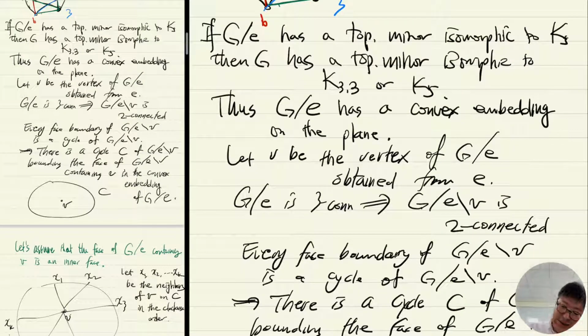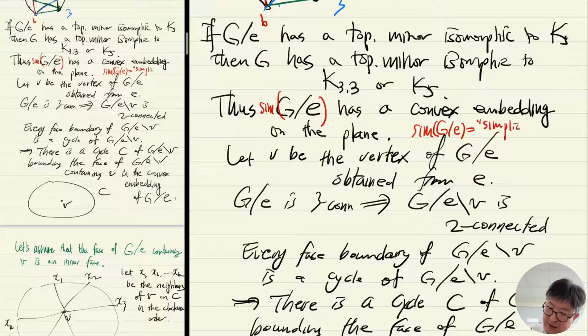Okay, so I did cheat here. sim of G contract E is a simplification. What I mean is I delete all parallel edges and loops. When you contract E, you may create parallel edges.